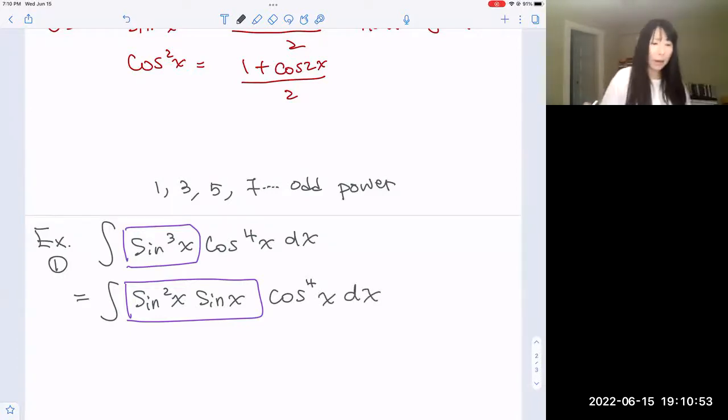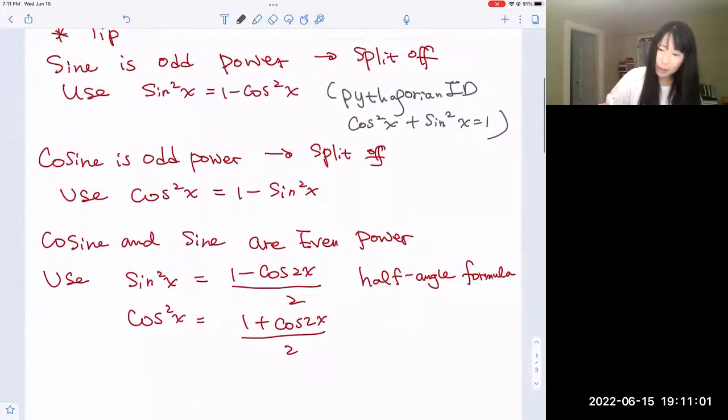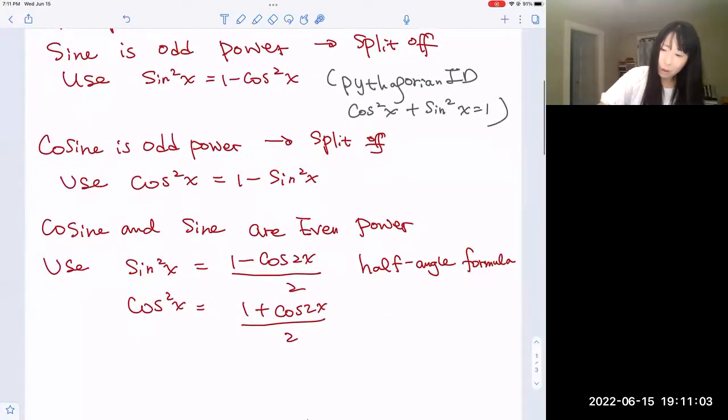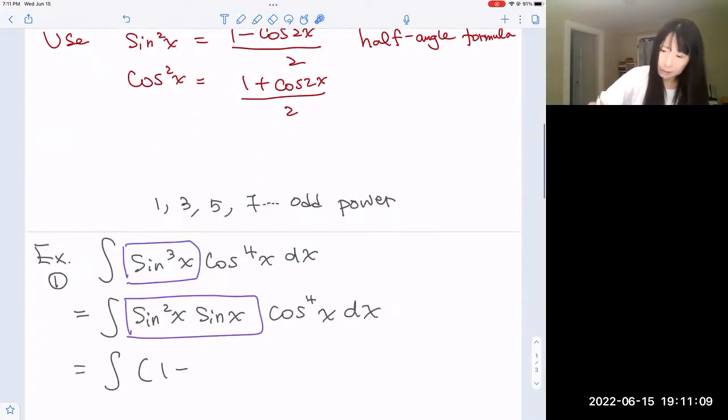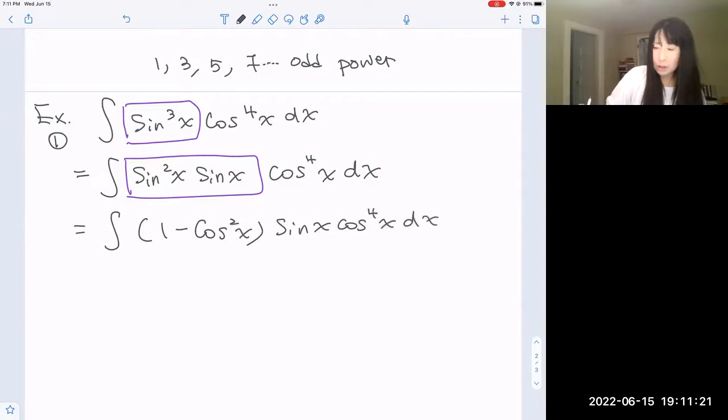Okay, now your classmate said that we're going to use 1 minus cosine squared x, which is this one, right? We are using this one. Then we have sine x and cosine to the fourth power dx.